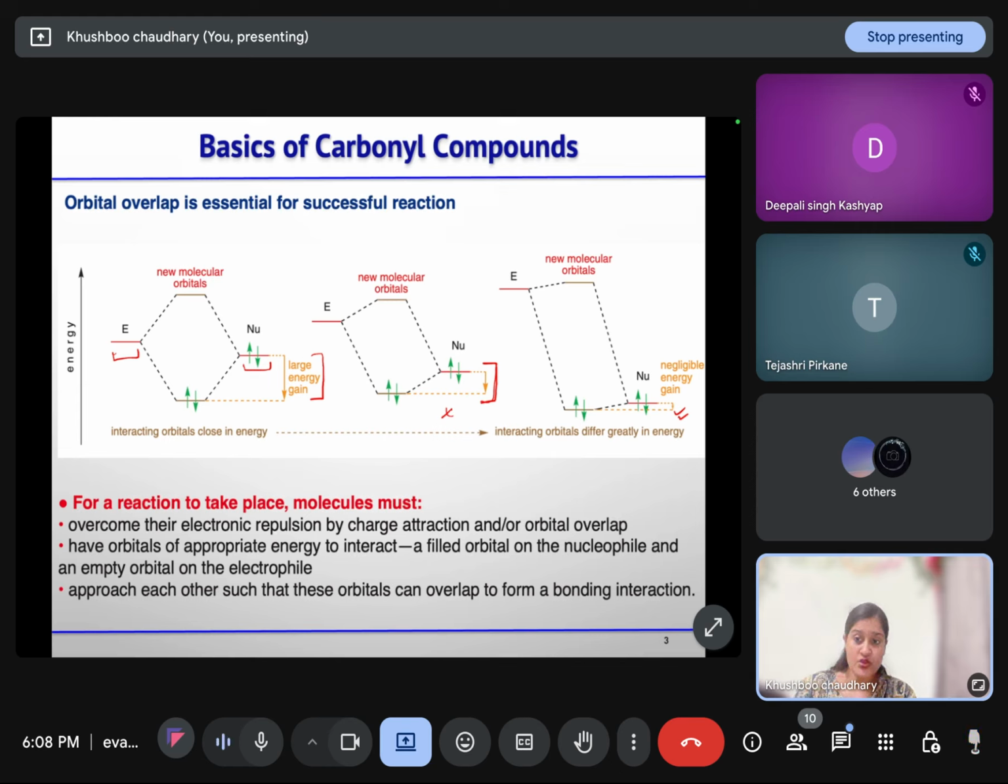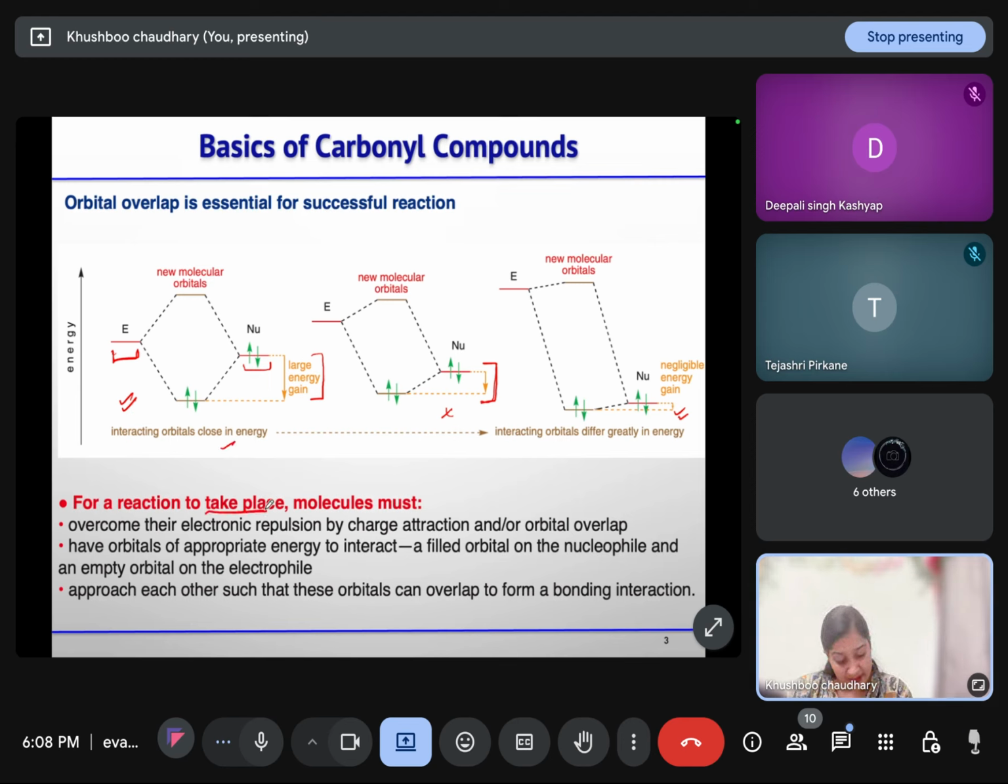So the most favorable condition for a reaction to take place is the first condition, where your electrophile and nucleophile have comparable energy, so that their orbitals overlap with each other and form a compound.